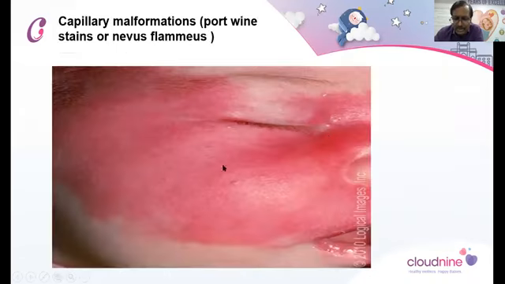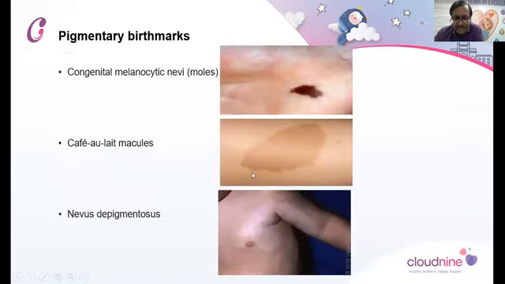And you know this is a port wine stain, that is called nevus flammeus. You should rule out Sturge-Weber syndrome in this. And there are some pigmentary birthmarks. One is a mole. This is the mole, and cafe-au-lait spot, which is associated with neurofibromatosis, and a hypopigmented patch here, that is called nevus depigmentosus.